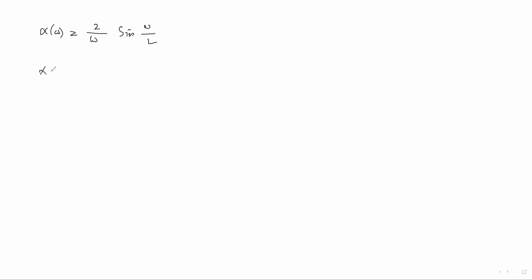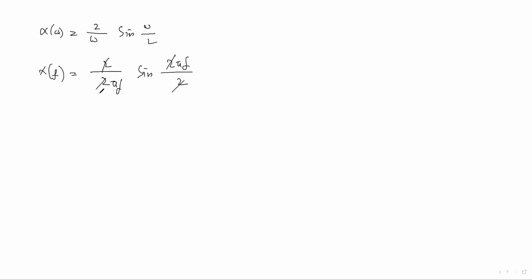If we find it in terms of f, then we should put omega as 2 pi f, so sine of 2 pi f by 2.